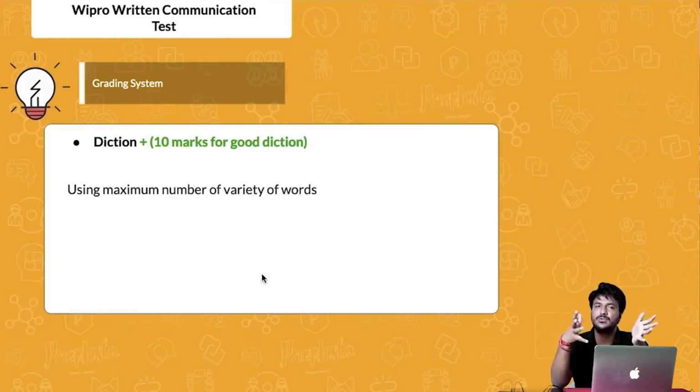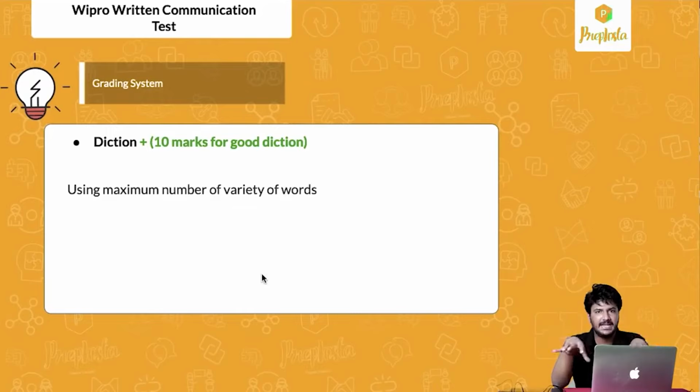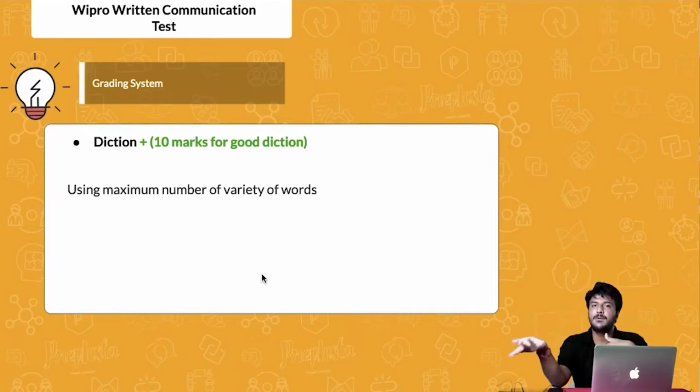So try using articles less, try using pronouns less, and have a lot of different variety of words. Maybe write it once, and then when you're proofreading it, count the number of words that you have used multiple times, and use a synonym that fits better. In that case, you're increasing your diction, right?